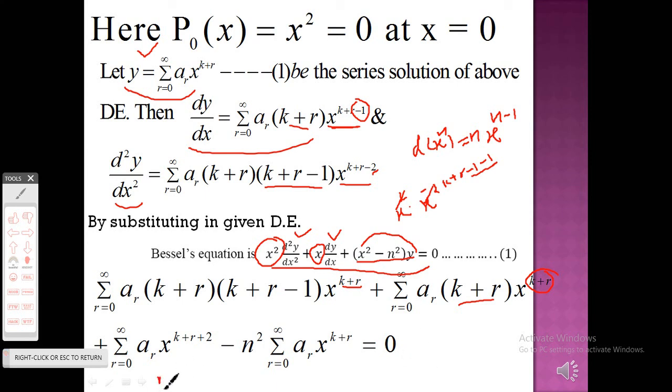Here again x to the power k plus r into x to the power 2, so you have to add the powers, giving x to the power k plus r plus 2, minus n square y.